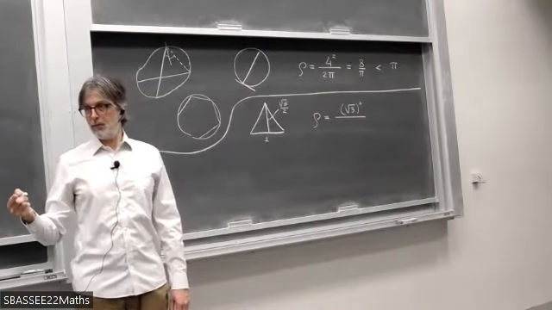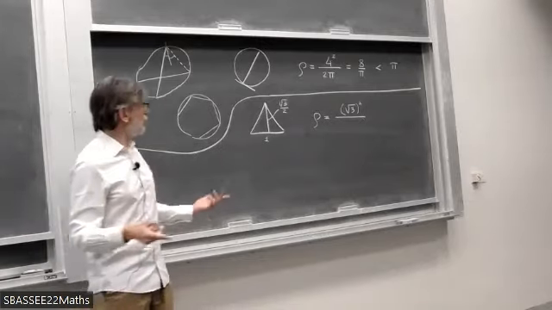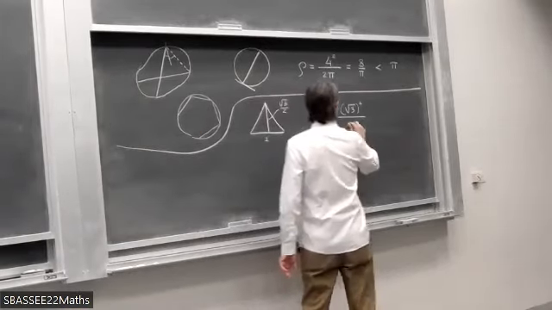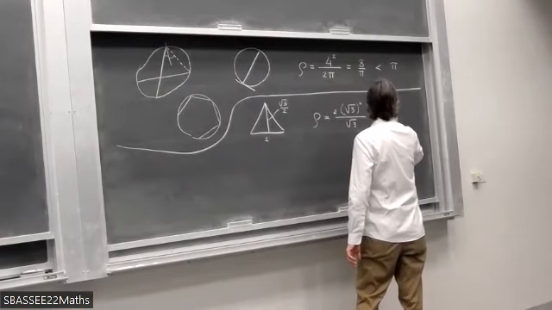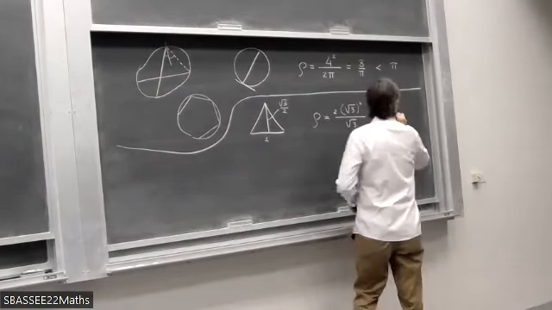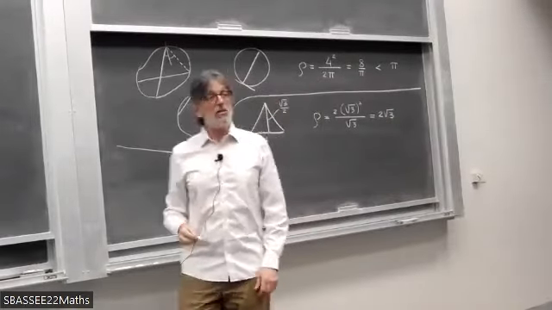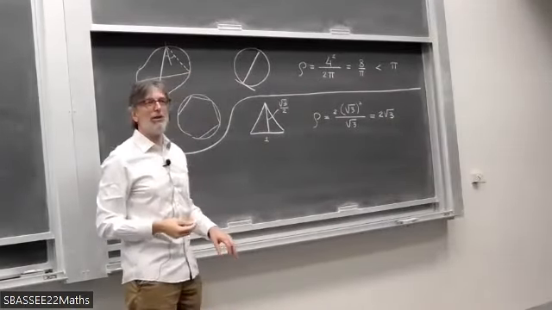Then I have to double it. So it's square root of 3 divided by 2, right? I can scale up this number a bit.